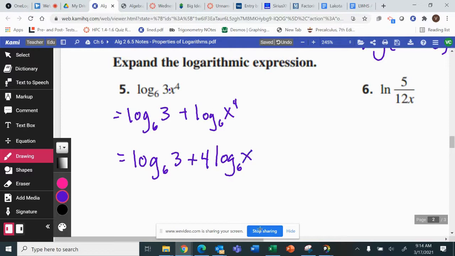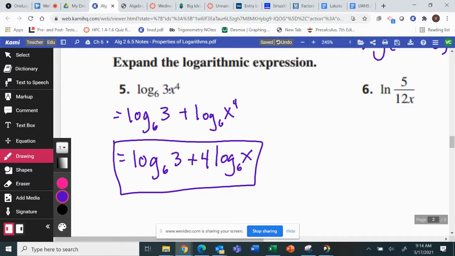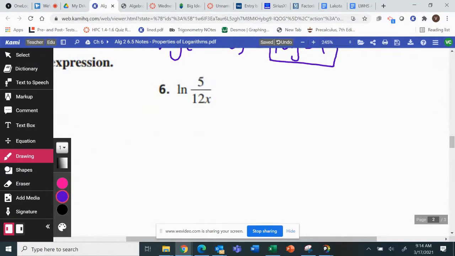You notice that both of my logarithms have that same base of 6 on it. The second one, so ln of 5, this is division. And division means we subtract.